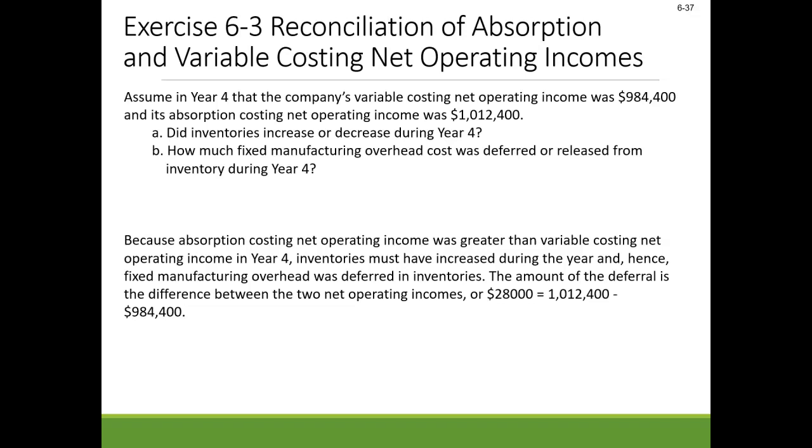So if the variable is less than the absorption costing net income, then it shows we didn't sell all that we produced. So you can see our ending inventory is greater than what our beginning inventory was.